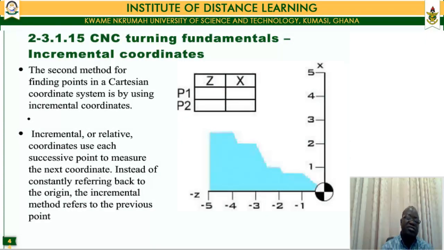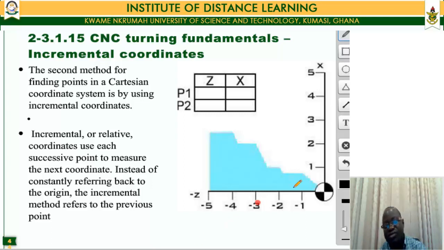We look at the incremental coordinate system. If we want to use an incremental coordinate system, perhaps we start the program and we move to a particular value, maybe 0.5. Now 0.5 from where? From the origin.